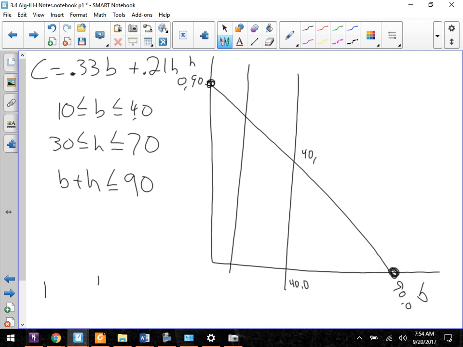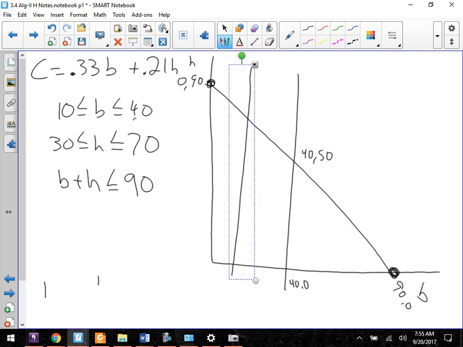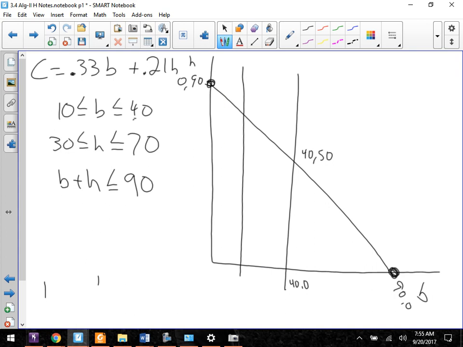It's going to be 40, 50, because it's hitting that line of X plus Y is 90. Okay. Same deal here. Yeah, there you go. So that means this is at 10, 80. So far, so good? All right.